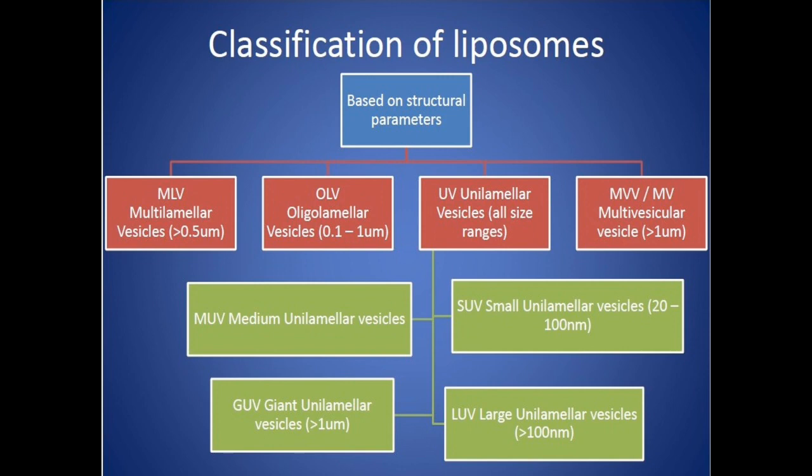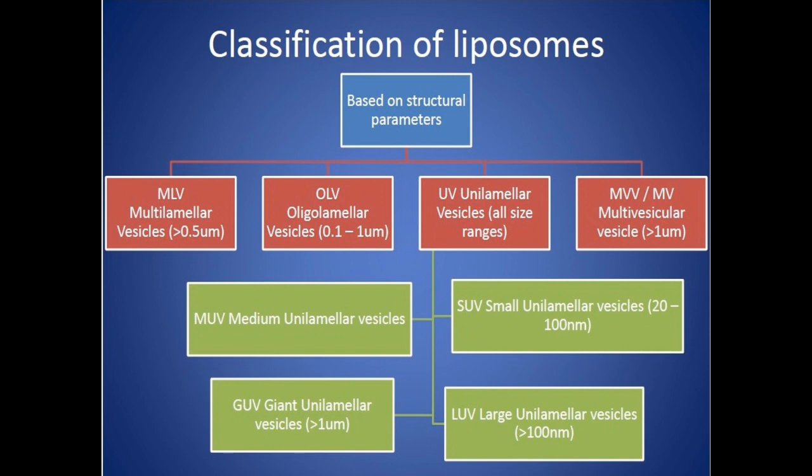In case of unilamellar vesicle, the particle size of the liposomes can be found in all ranges, from nano to micro even. In case of MVV, multivesicular vesicle, you will identify a particle size which is more than 1 micrometer even.